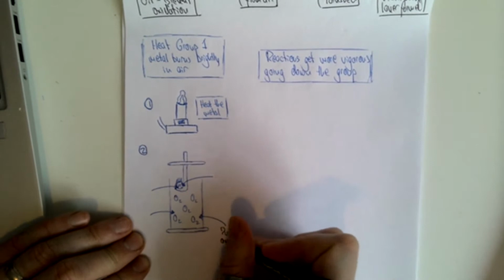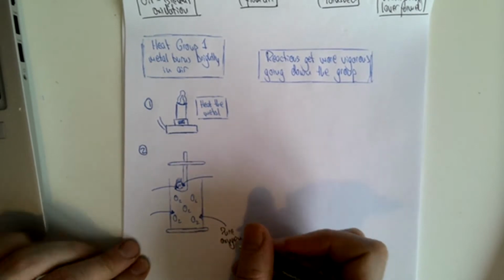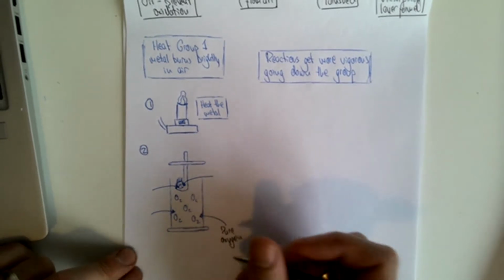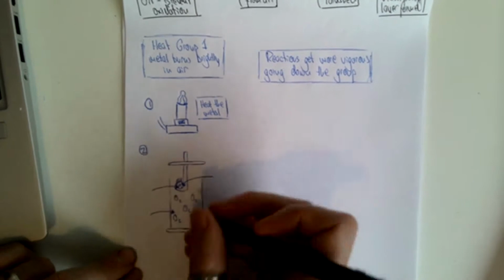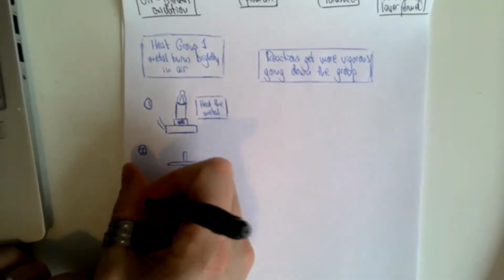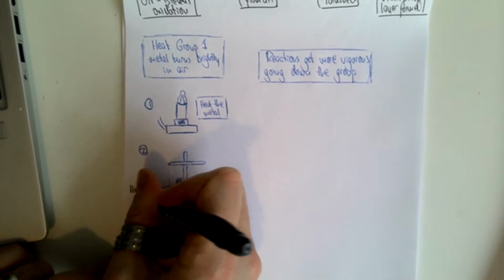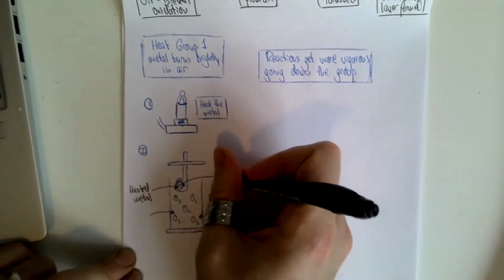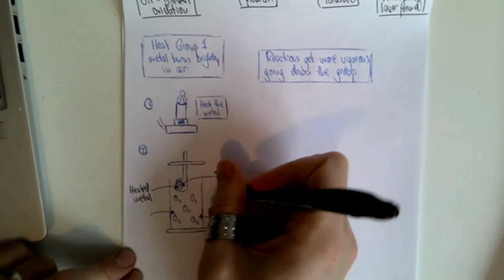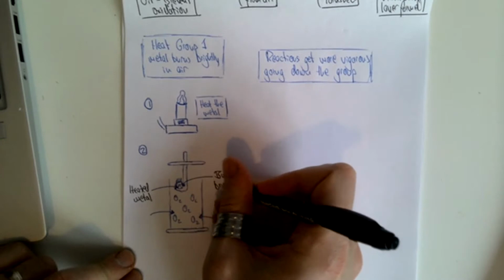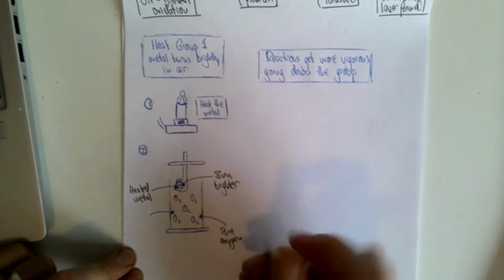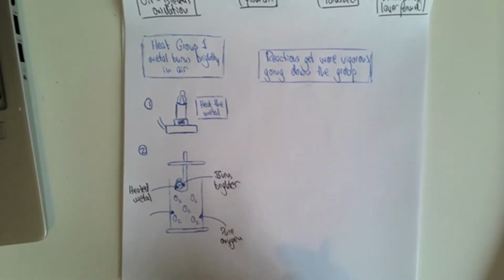Because there is more oxygen available, your heated metal burns even brighter because it's got access to more oxygen.